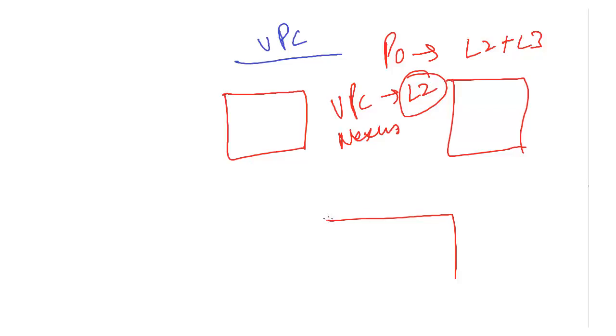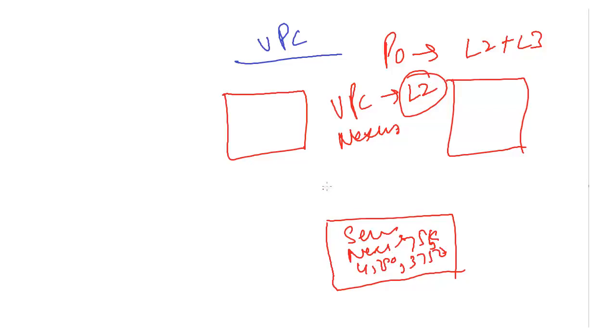The downstream device can be a server, a Nexus 7K device, 5K device, or 4500, 3750, whatever.